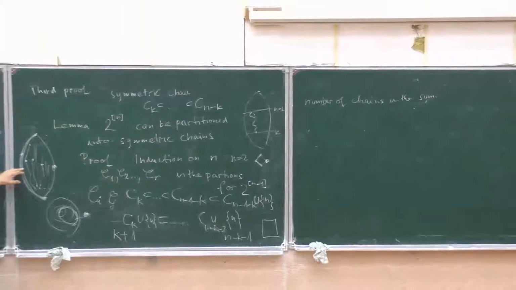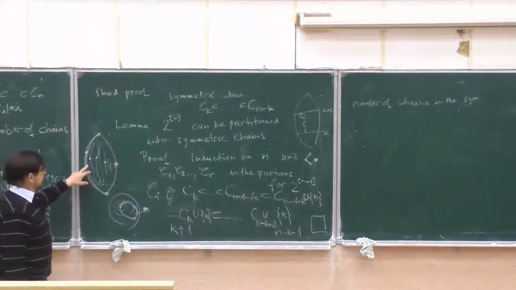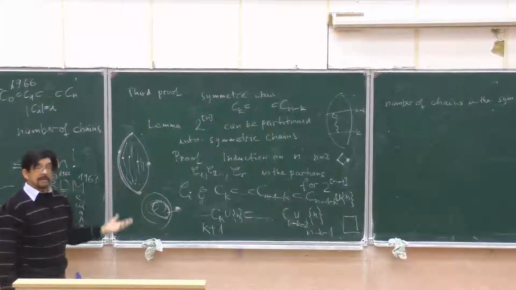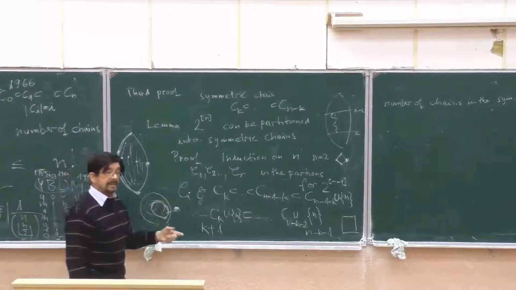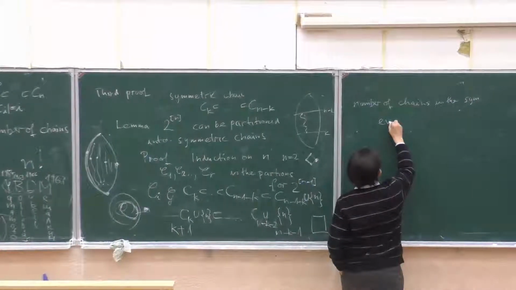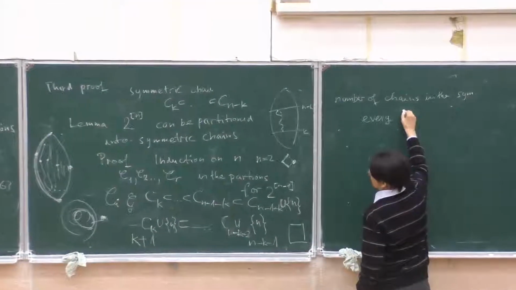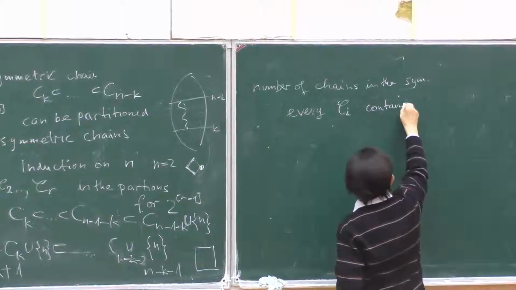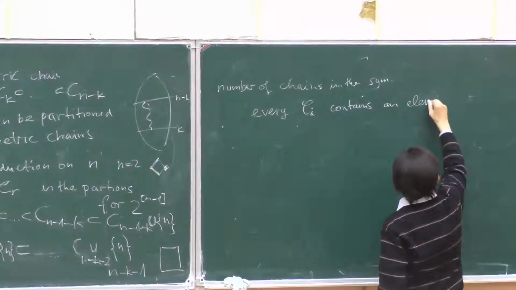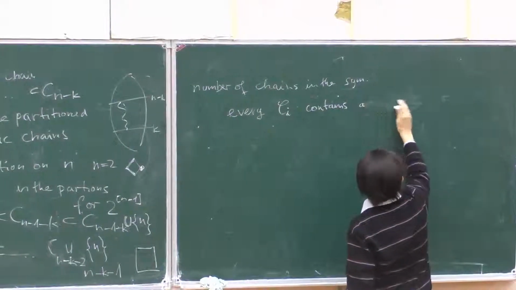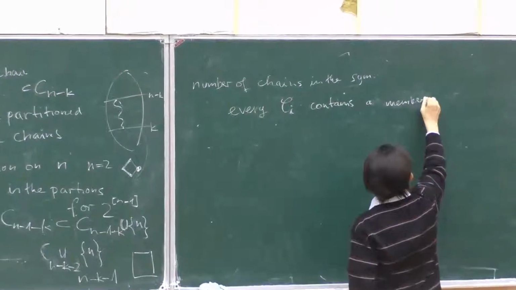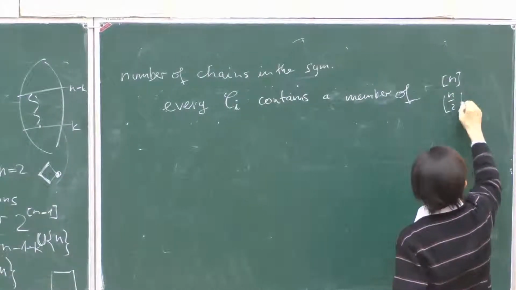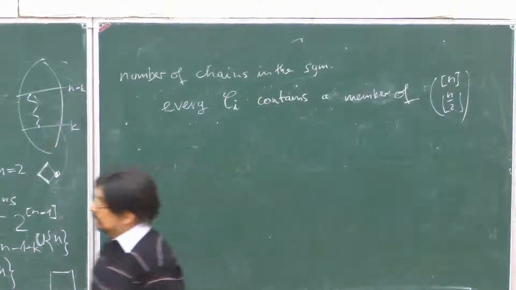So every chain is going through the middle because of the symmetry.